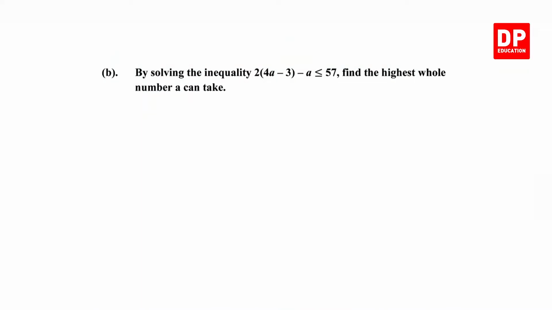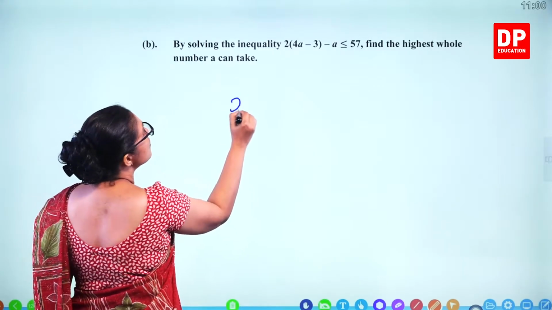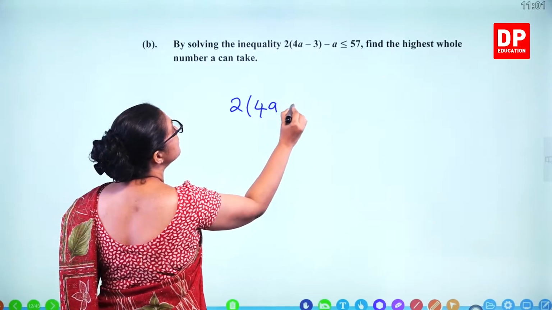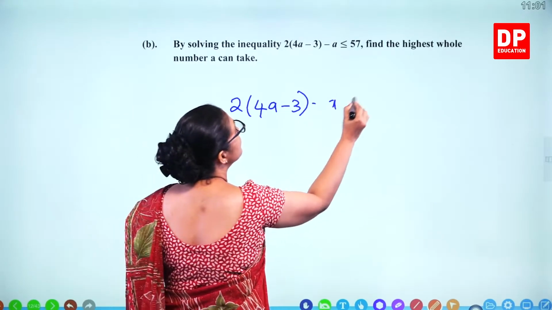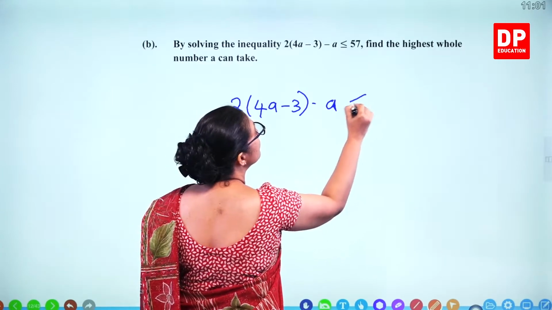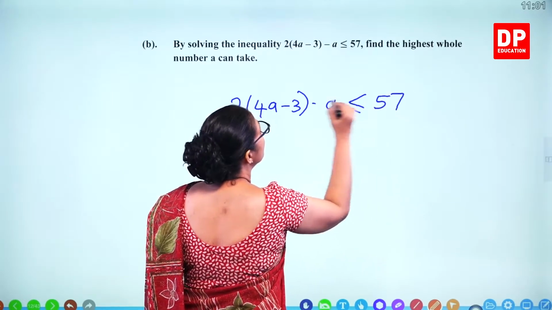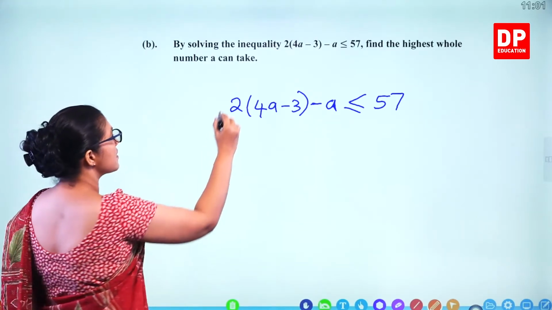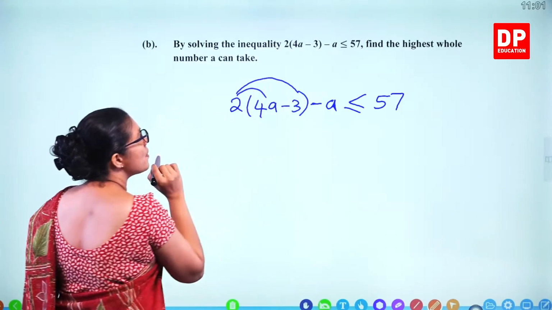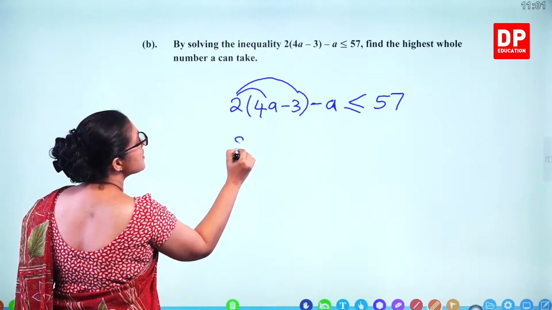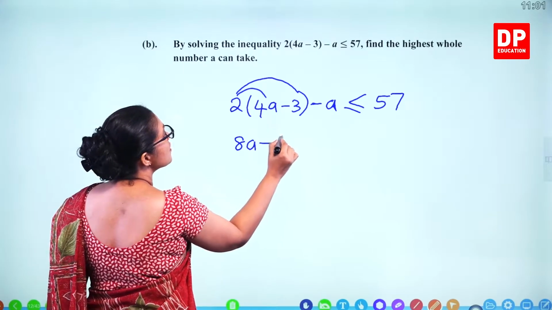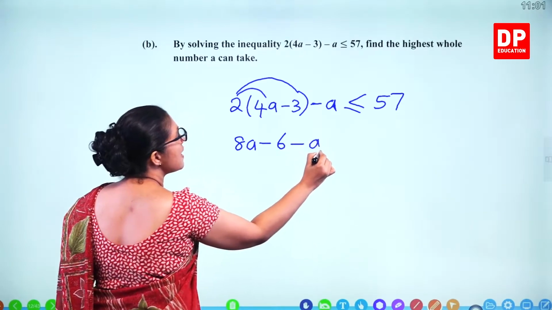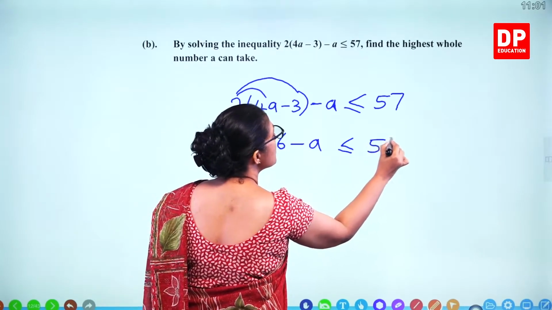Part B. By solving the inequality, find the highest whole number a can take. So we'll take the inequality. What's the first step you can do? Open brackets. Multiply both the numbers by 2. 2 times 4, that's 8a, minus 2 times 3, 6, minus a is less than or equal to 57.